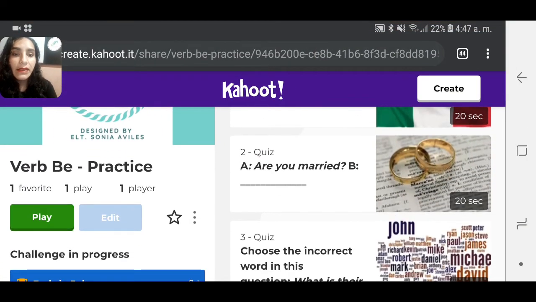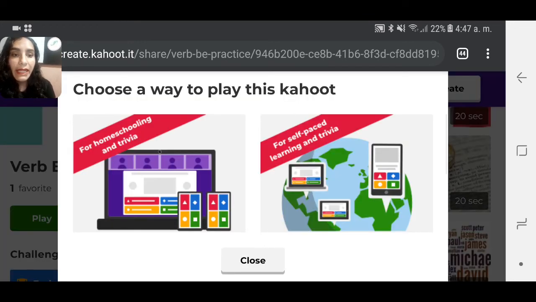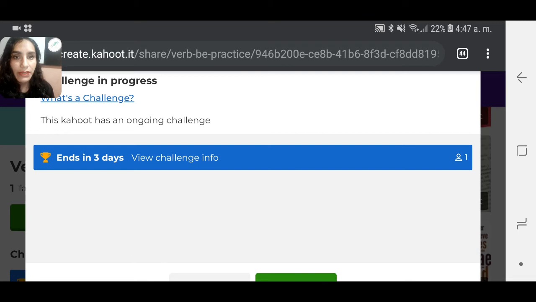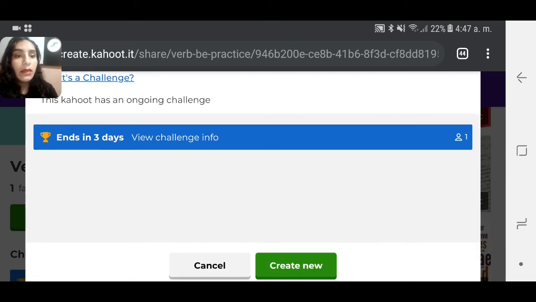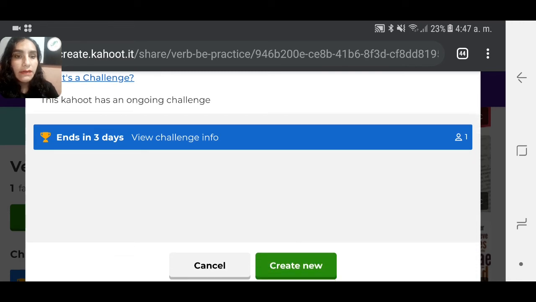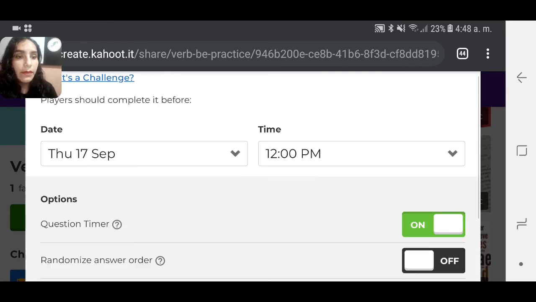Les va a aparecer aquí este botón verde que dice Play. ¿Okay? Ustedes le van a dar en Play y le van a dar en Challenge, reto. Les dice que su challenge les va a durar 3 días. ¿Ok?